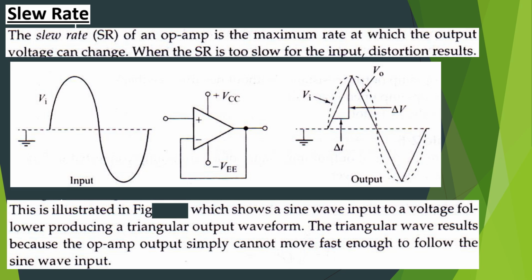This is illustrated in the above figure, which shows a sine wave input to a voltage follower producing a triangular output waveform. The triangular wave results because the op-amp output simply cannot move fast enough to follow the sine wave input.